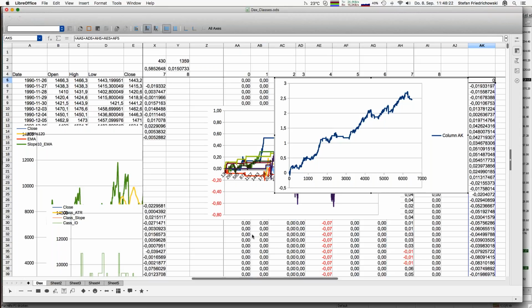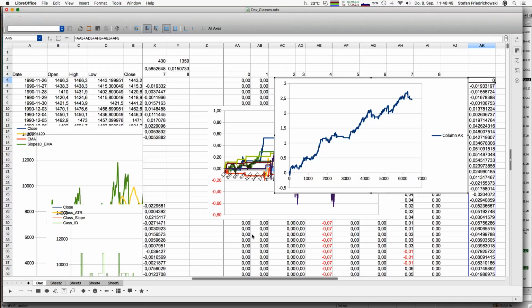And my final result of the sum of all individual equity lines is already quite positive and quite straight, by the way. So it seems that we found already a good indication how to build a strategy out of class trading.